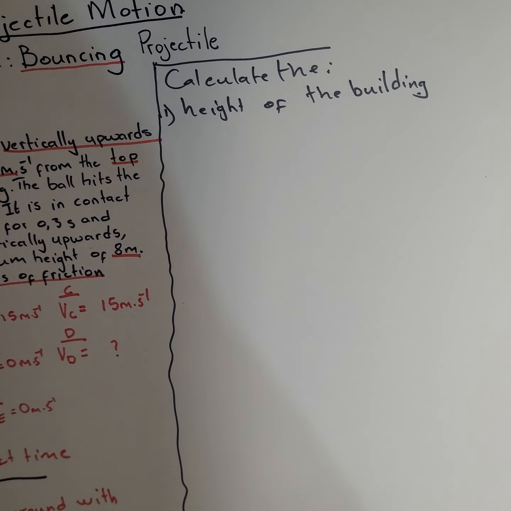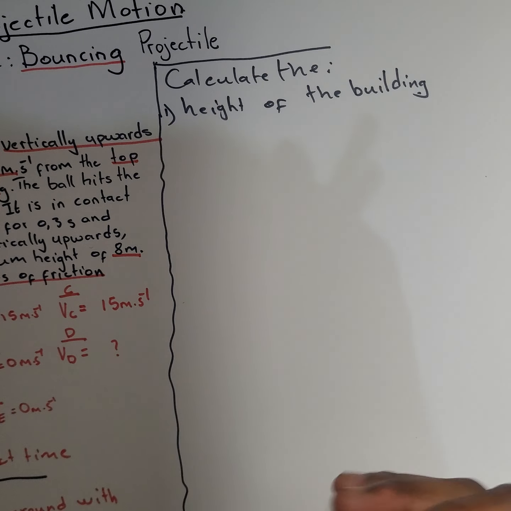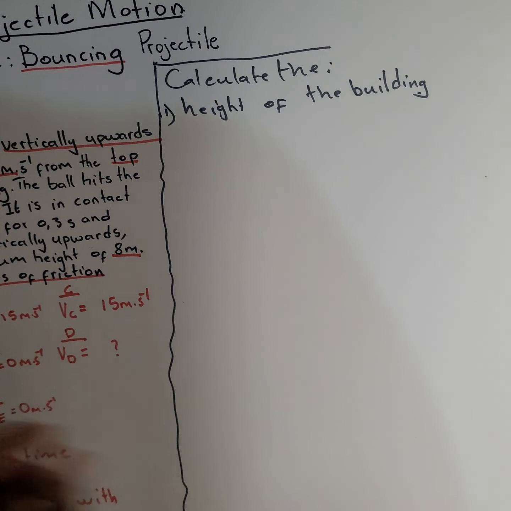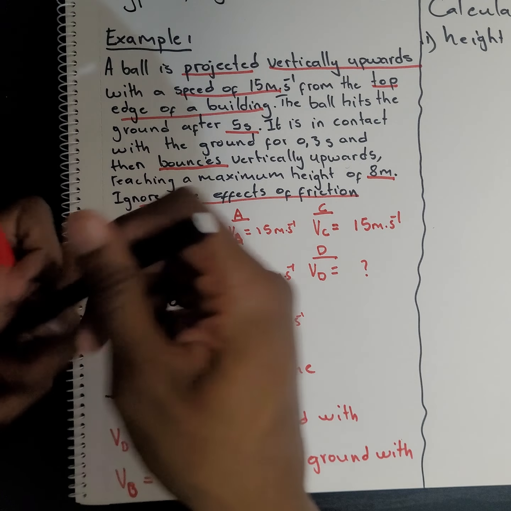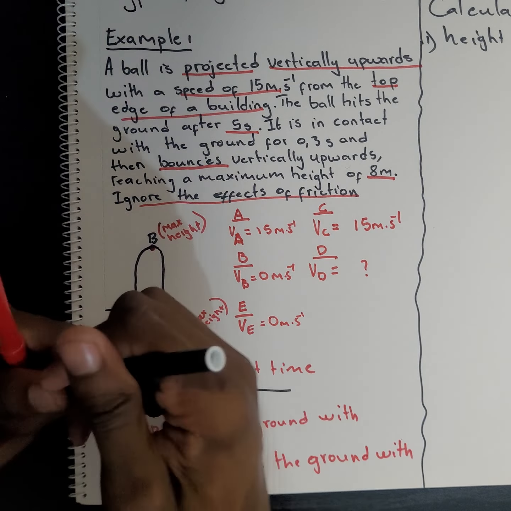Now, if the examiner wants the height of the building, I must go back to my trajectory. In my trajectory I can see that the height of the building is this portion, which is CD. You'll agree with me, we saw that from the previous video.